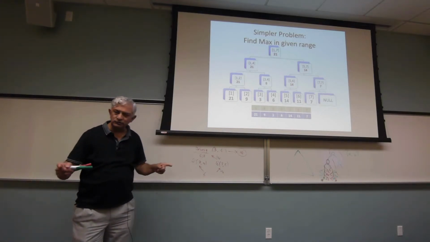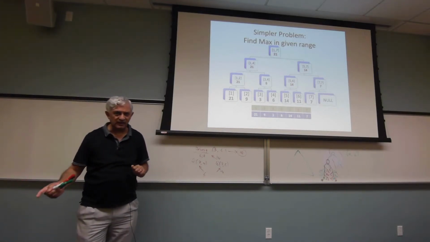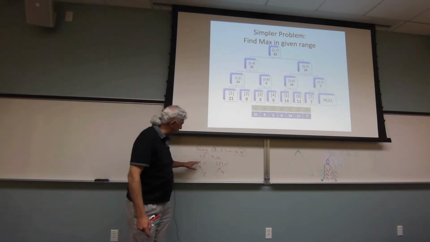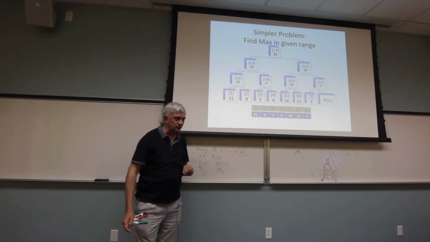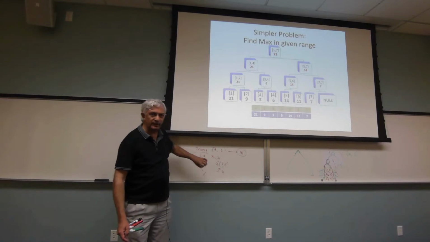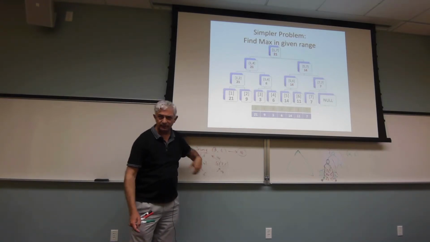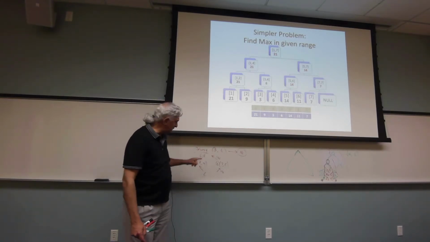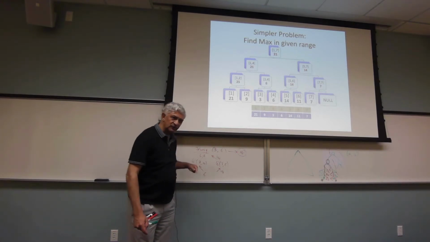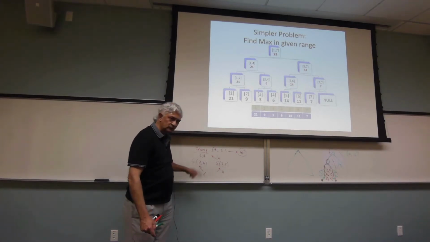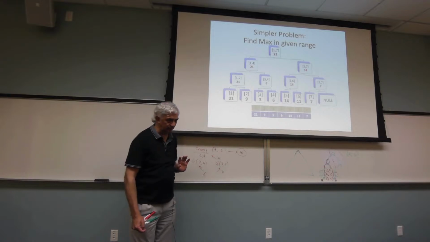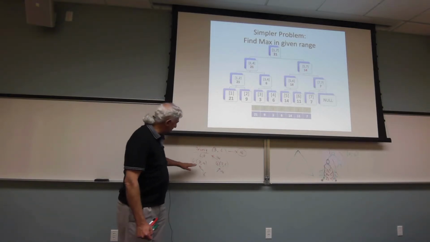If it happens to span both the left subtree and the right subtree, then you have to set up two recursive calls, one for a smaller range on the left subtree and one for a smaller range on the right subtree. Then it'll go through that same process every time.